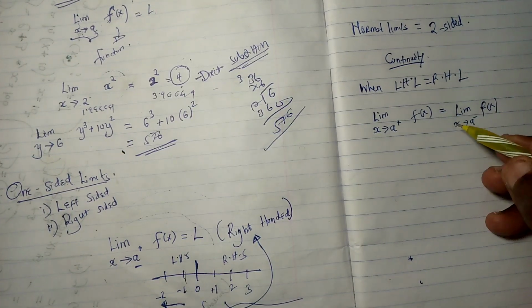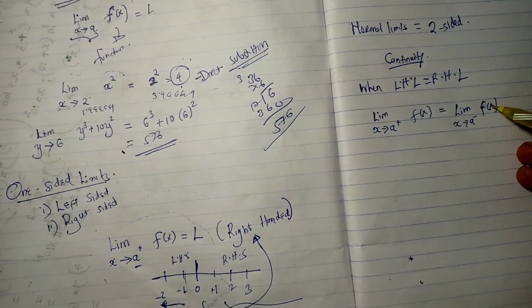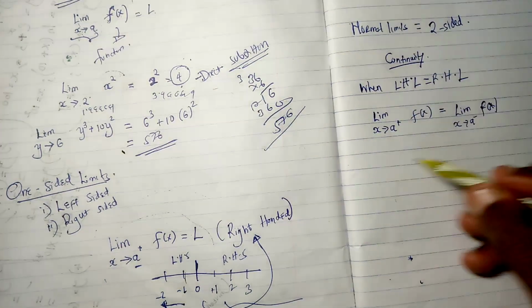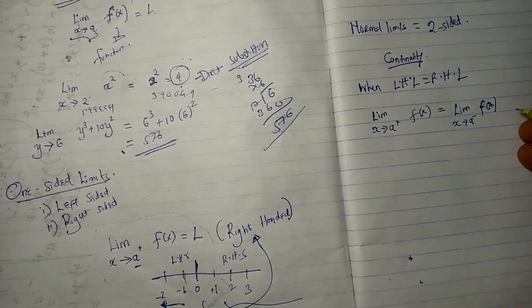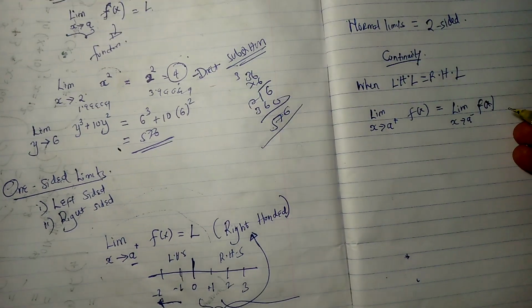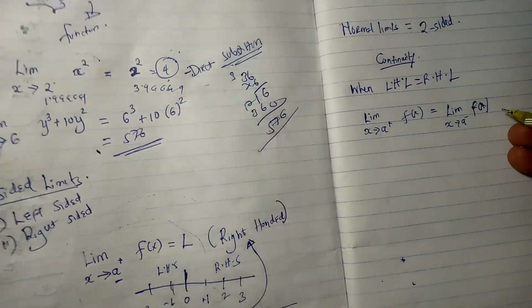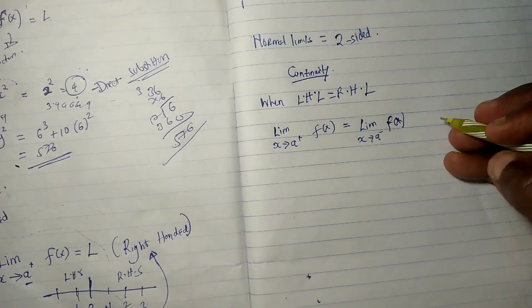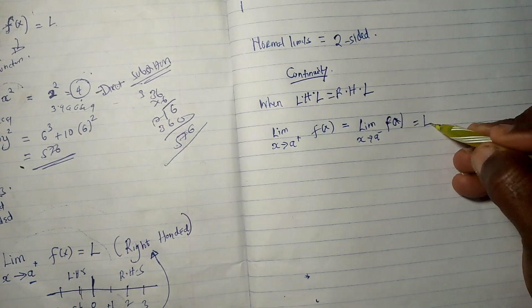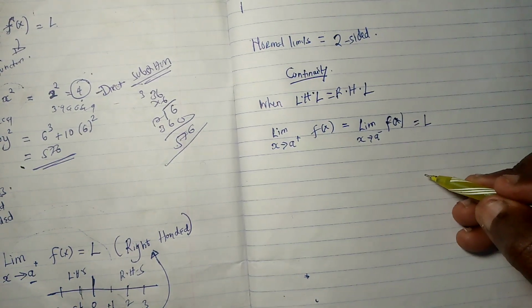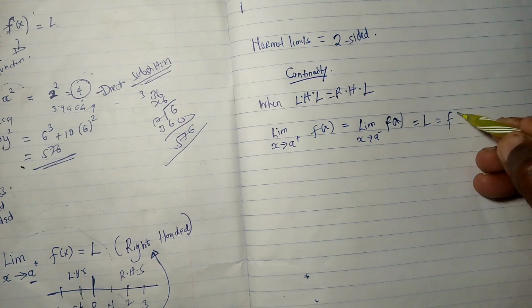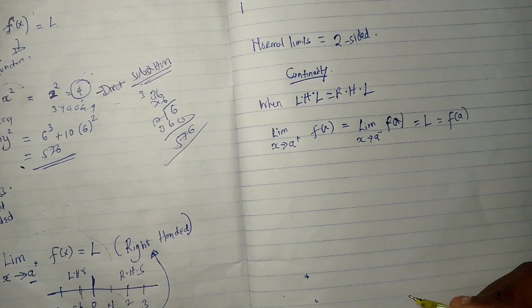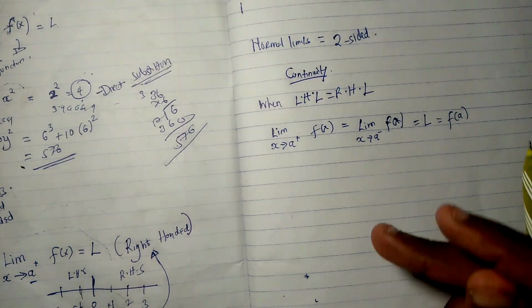This is the continuity requirement. Whether you approach from the left side or the right side, you get the same value, which is the unique limit, and which is the same as f of a. So this is the condition for continuity.